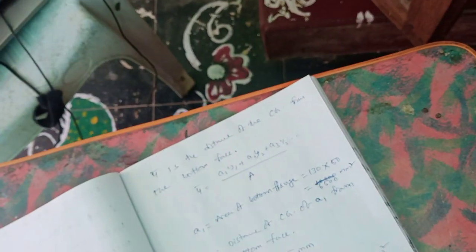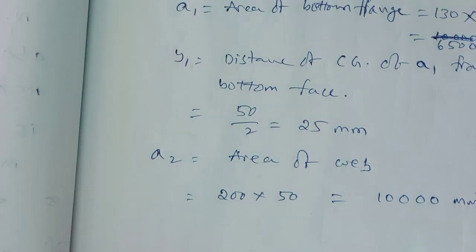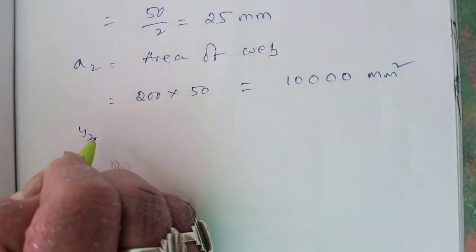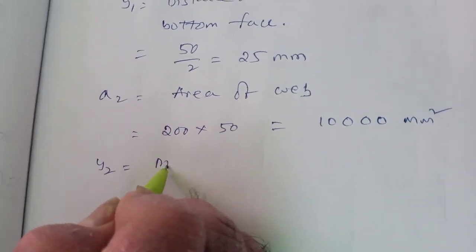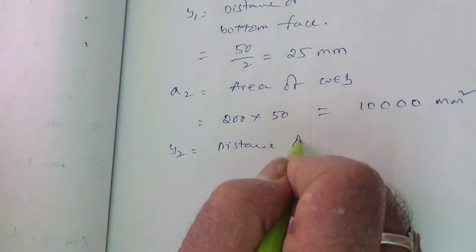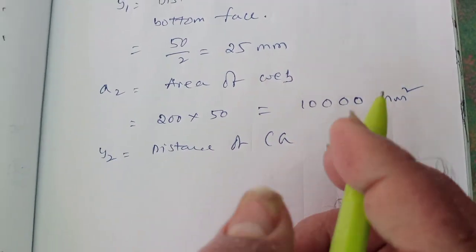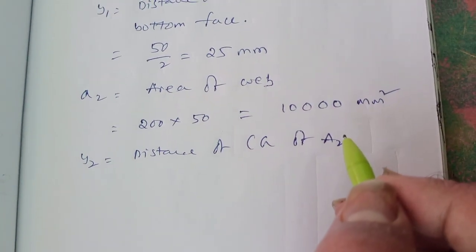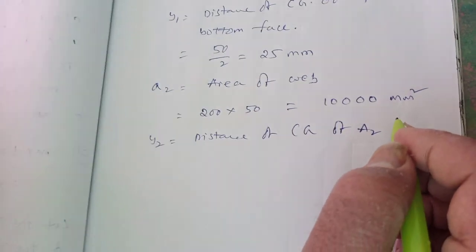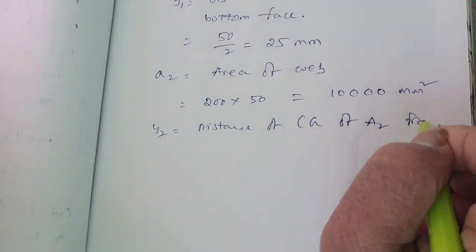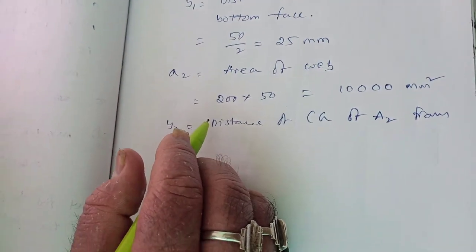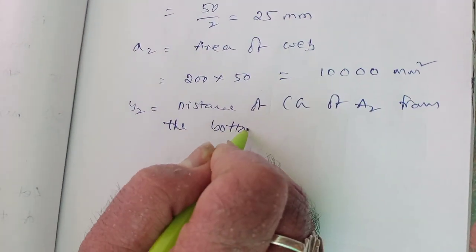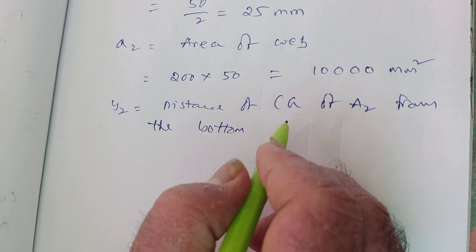And y2 is the distance of CG of A2 from the bottom face.